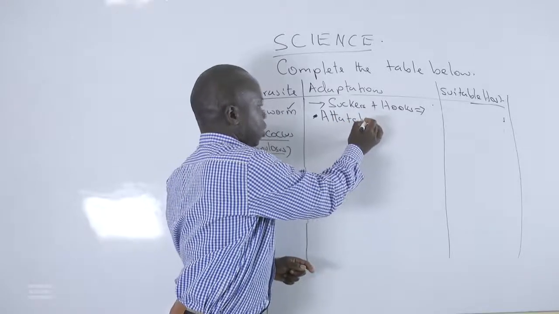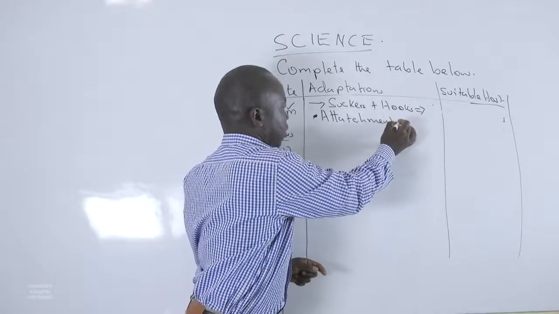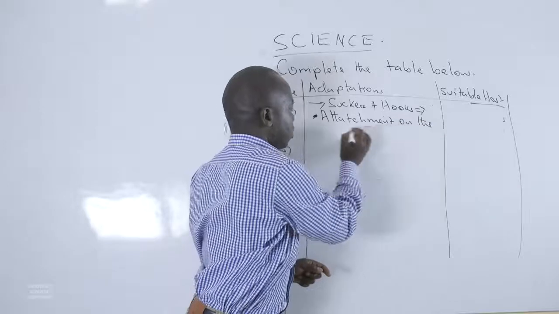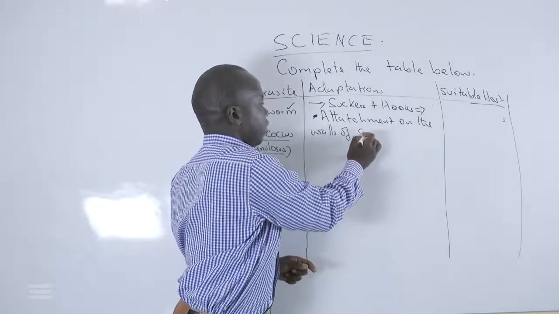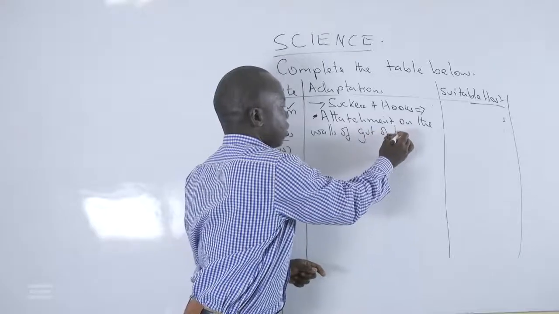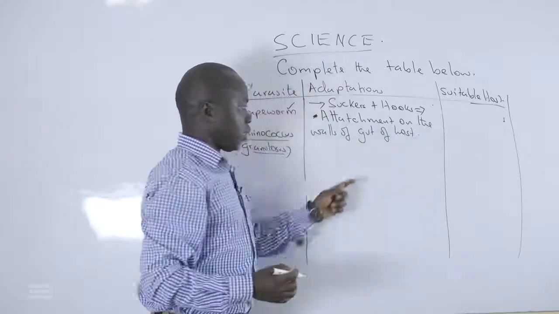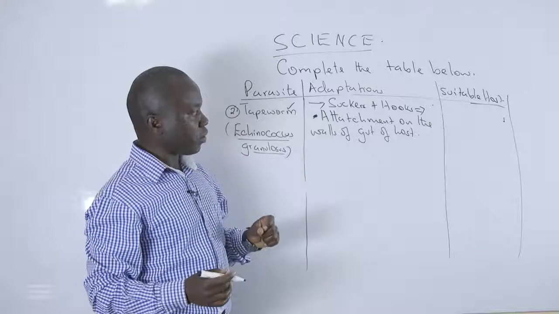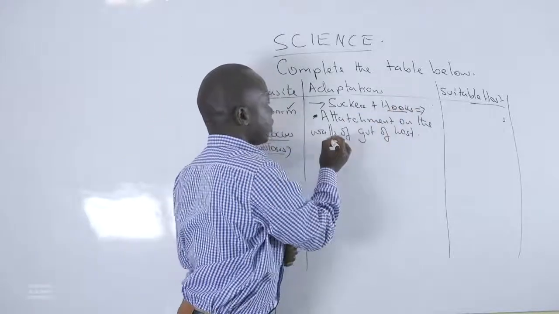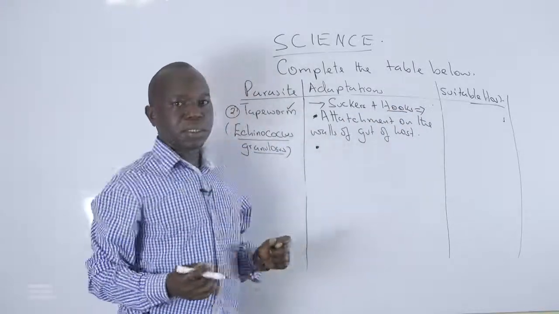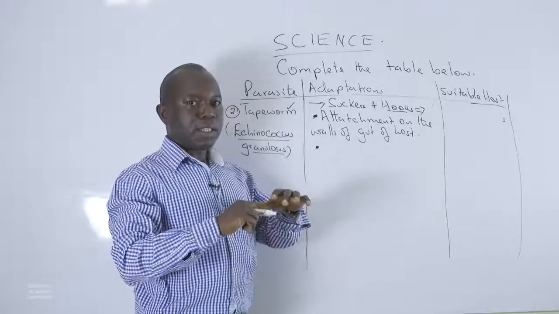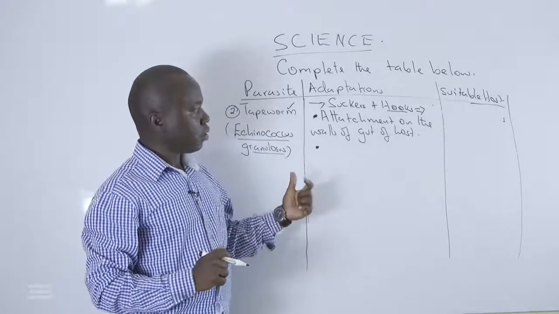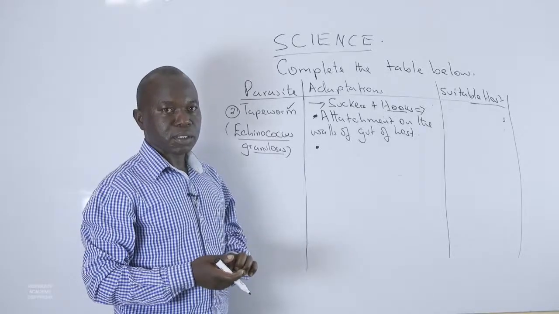The hooks are for attachment onto the walls of the gut of the host. Suckers are important again because remember, the tapeworm is living inside the host to obtain nutrients.